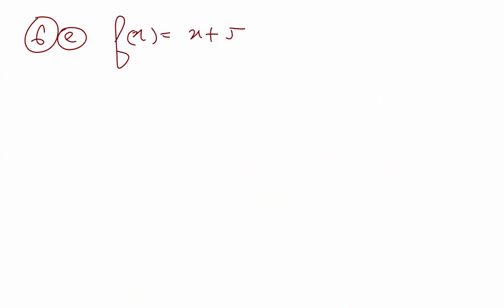Next one. Question 6, sub question E. f of x is equal to x plus 5, x is less than or equal to 1. f of x is equal to x minus 5, x is greater than 1.